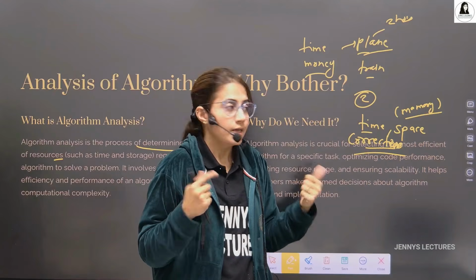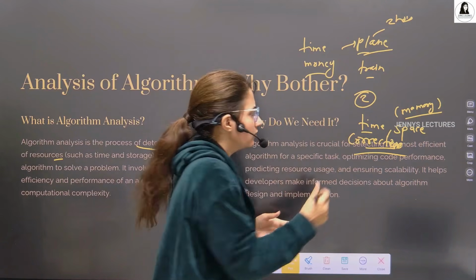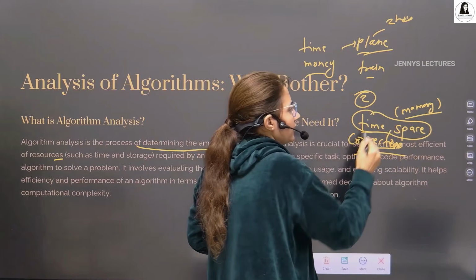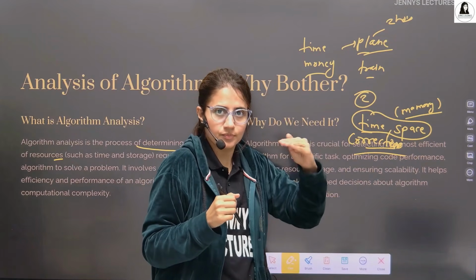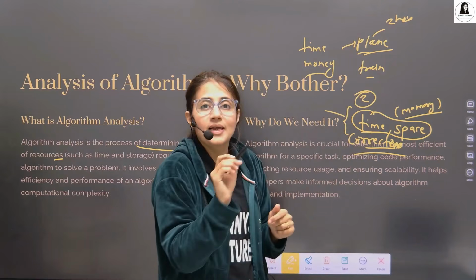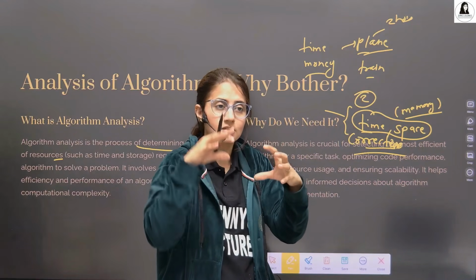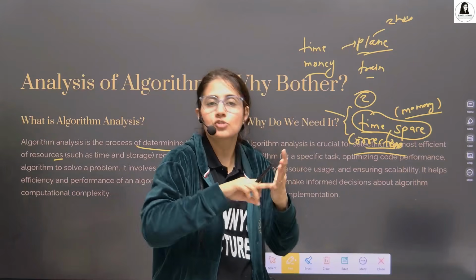Now, what is complexity analysis? Out of all these factors, time complexity and space complexity are the two that basically come under complexity analysis. So complexity analysis focuses on time complexity and space complexity.